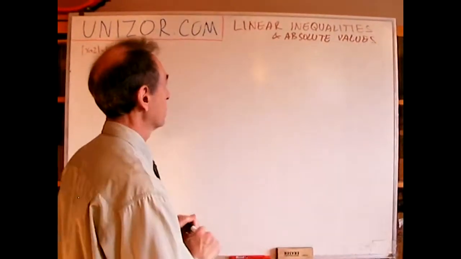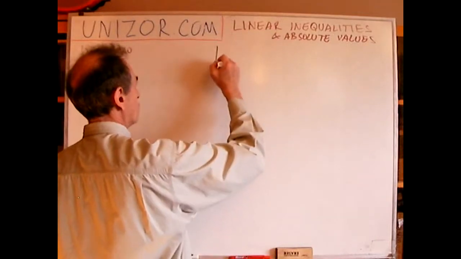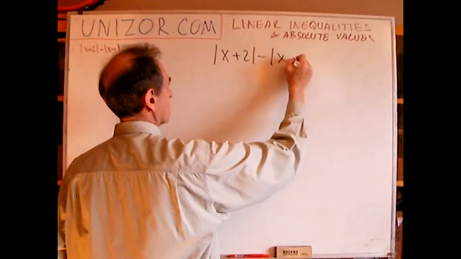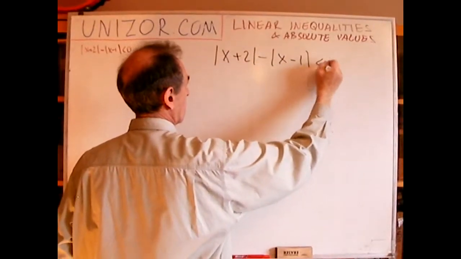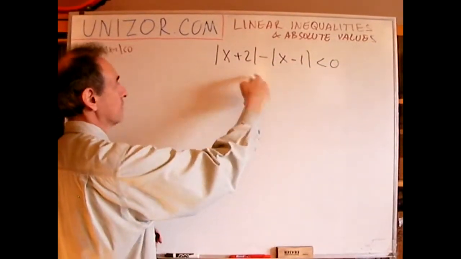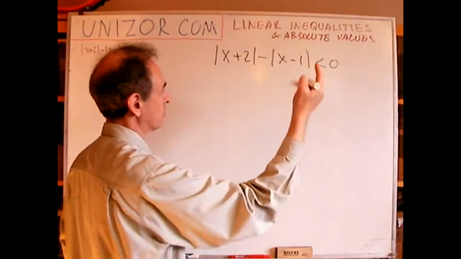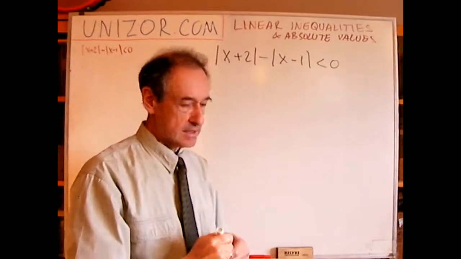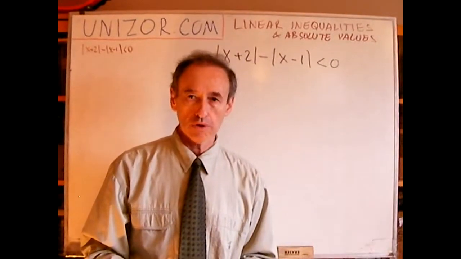Just as an example of what I mean, you have an inequality like this: absolute value of one linear function plus, whatever, of another linear function is less than 0. So it's not exactly a linear inequality.